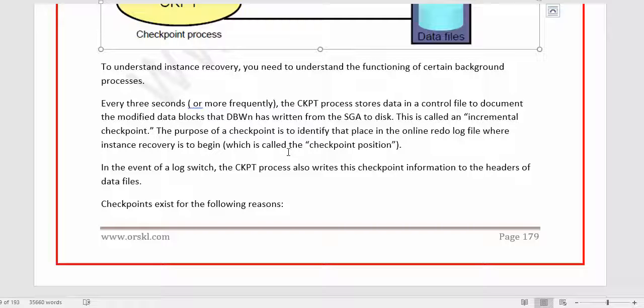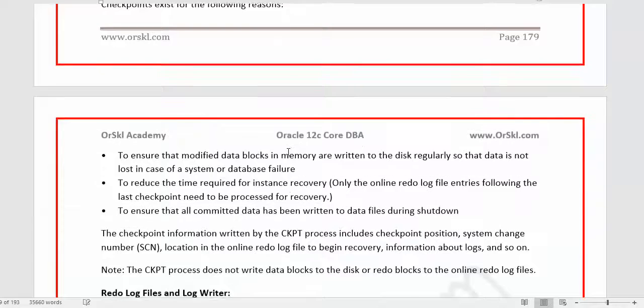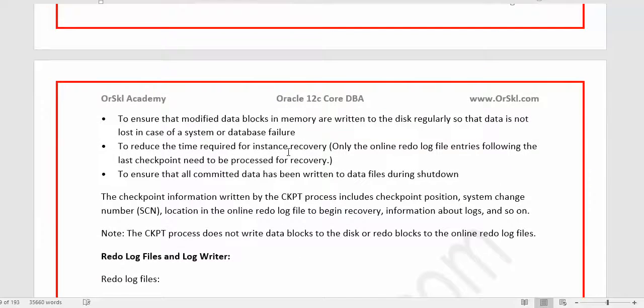For transactions that are committed but not yet saved on the disk, it will take the redo information and redo the same job before the database opens, so that those data blocks are again available in the database buffer cache, and they will be saved into the disk in some time. That is what happens with the help of the checkpoint when recovery is happening.